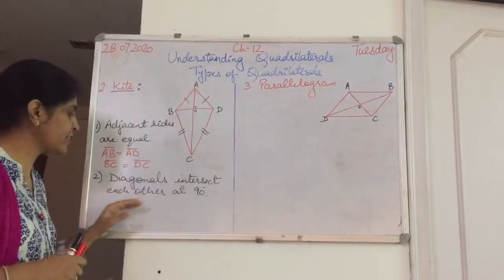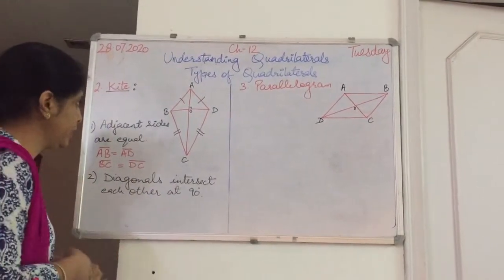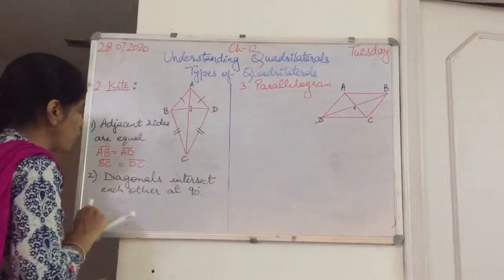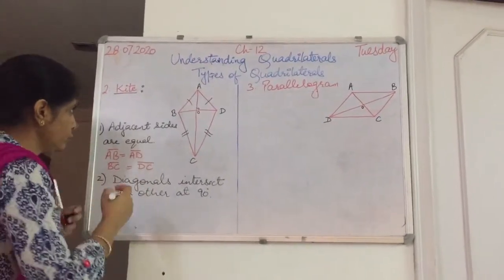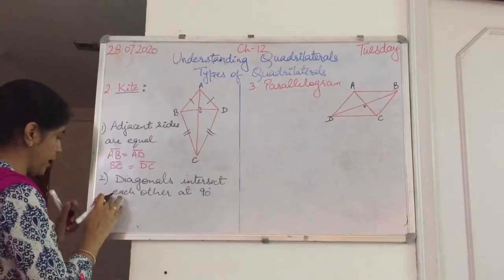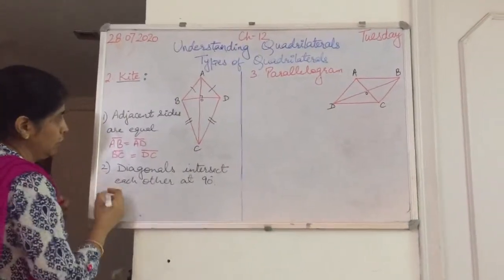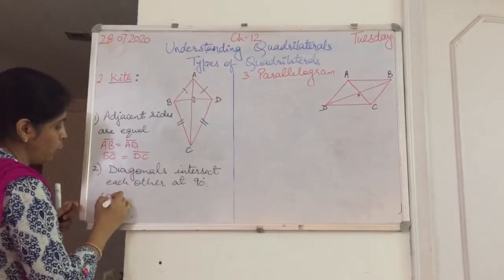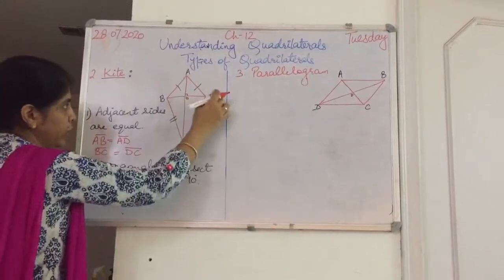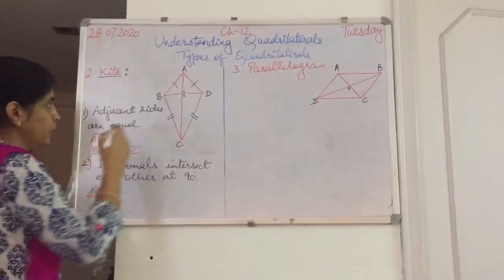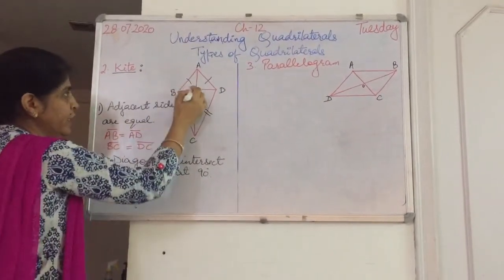So the diagonals intersect each other at 90 degrees. So you can see the 90 degrees formed. Now when 90 degrees is formed, angle AOD is 90. If this is 90, this is also 90, because of linear pair.